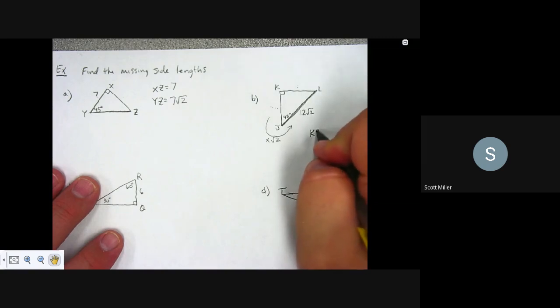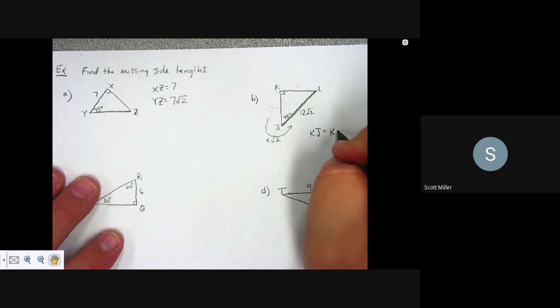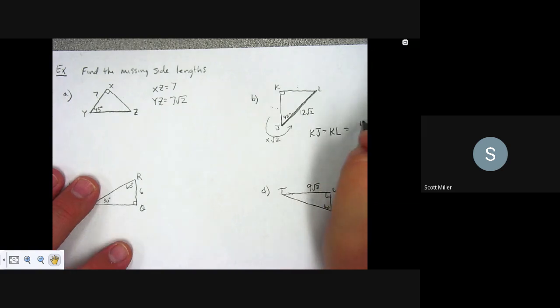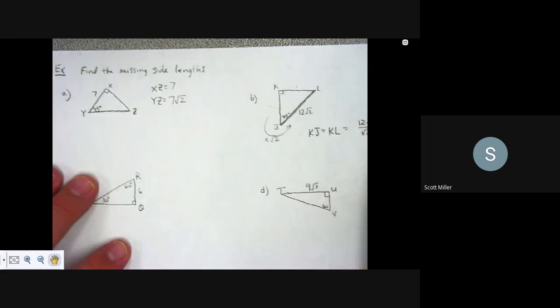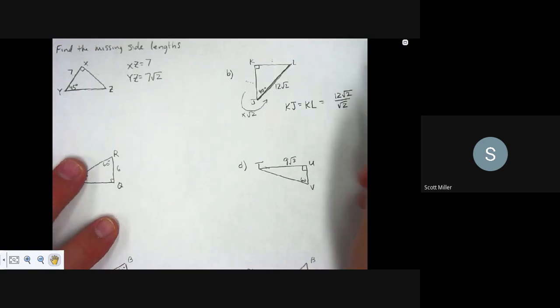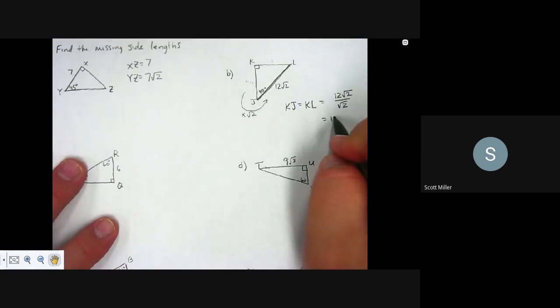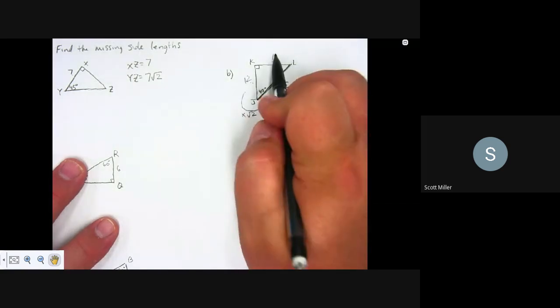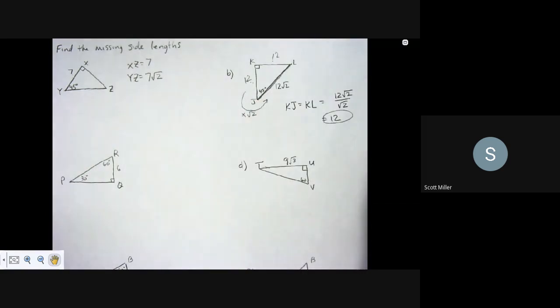So KJ is the same as KL, which is the hypotenuse length divided by the square root of 2. And you can see the square root of 2's are going to cancel out, and you become simply 12. So these are 12. Okay.